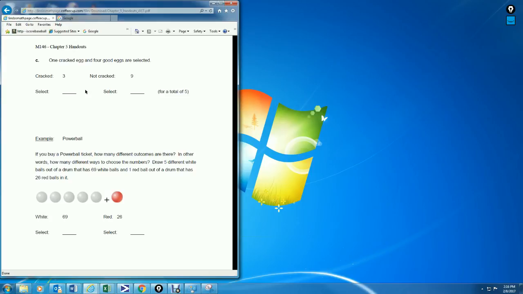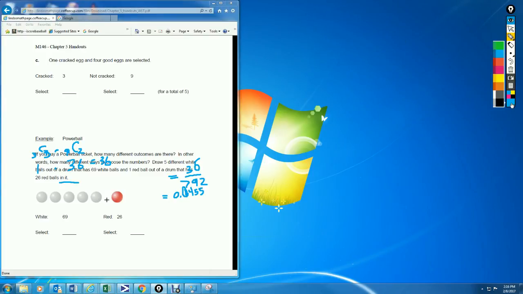Well, again, keeping in mind that there are a total of 3 cracked eggs, and we want to choose one of them, okay? So the number of ways to select that, out of 3, I want to choose 1.